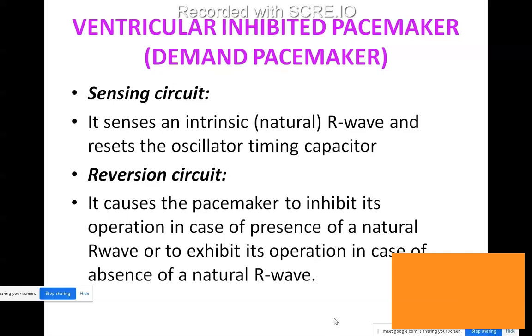Then the reversal circuit. The reversal circuit is nothing but, during the presence of the R waveform, the pacemaker will inhibit its work.